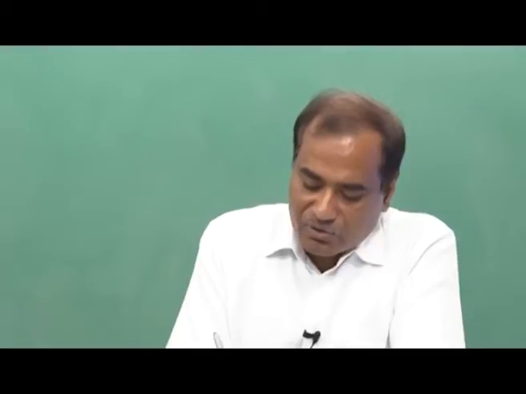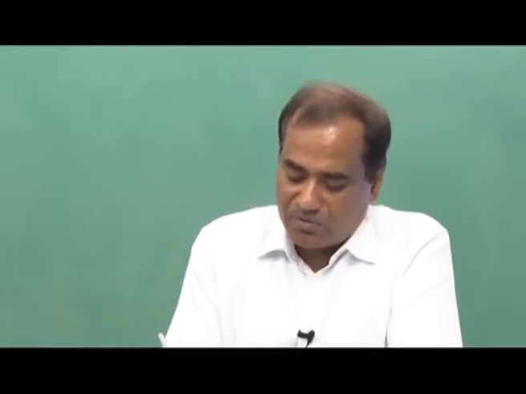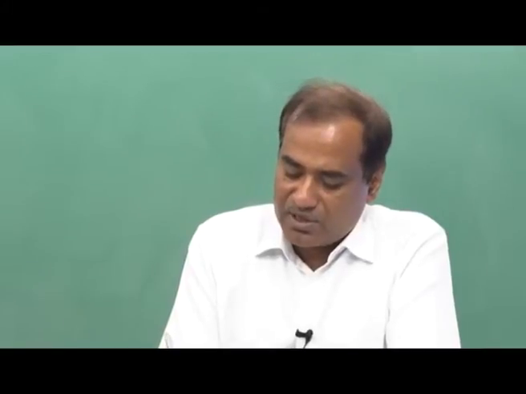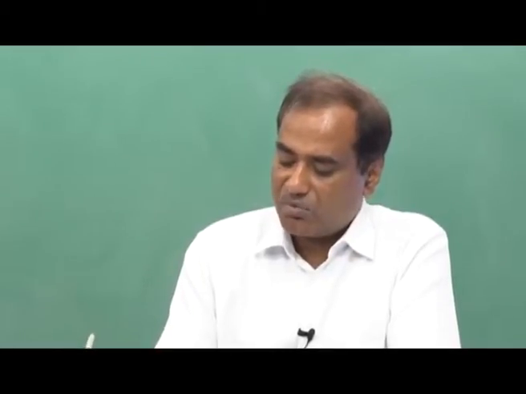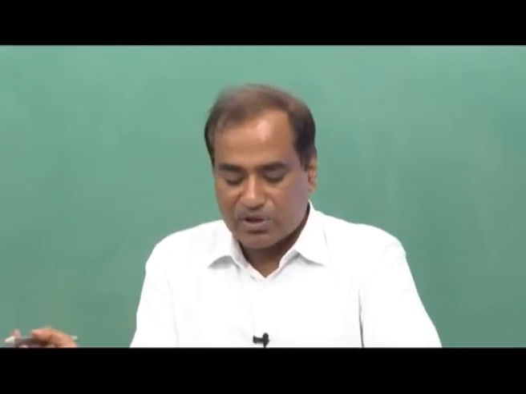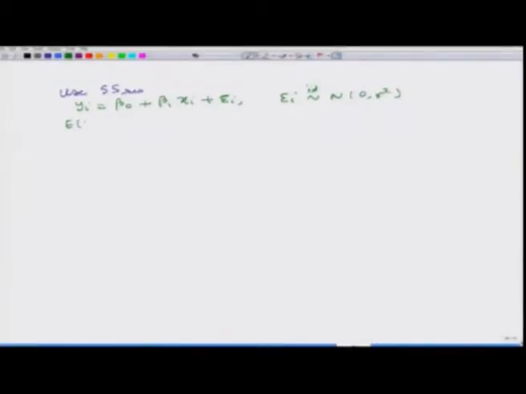Since we assume that our model is yi is equal to beta 0 plus beta 1 xi plus epsilon i, and we have assumed that epsilon i are following a normal 0 sigma square distribution and they are IIDs. So, I can write down here that expected value of yi is nothing but beta 0 plus beta 1 xi, and we also have found earlier that variance of yi is equal to sigma square, right.